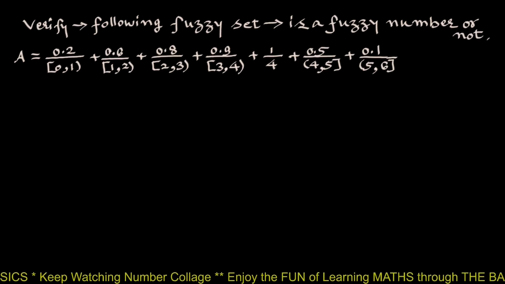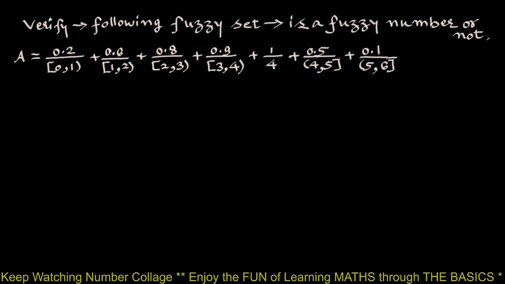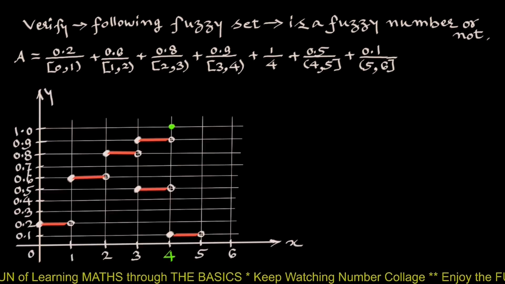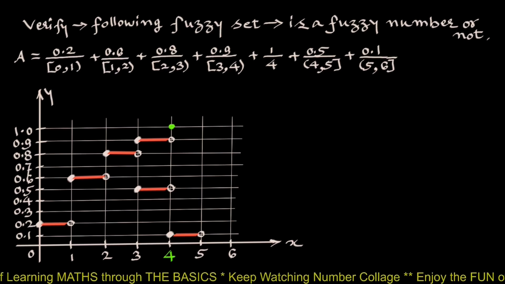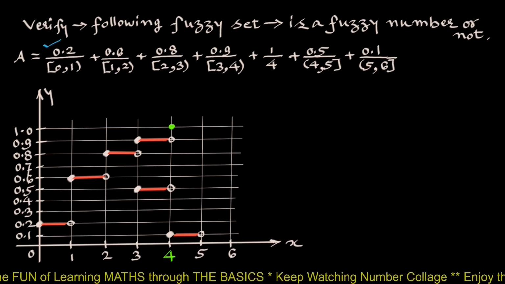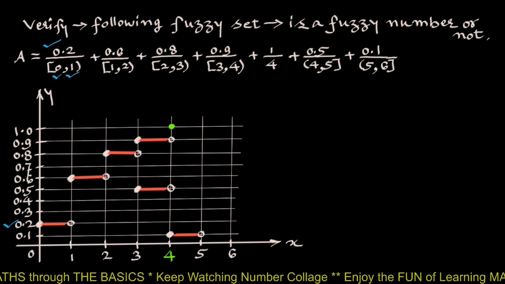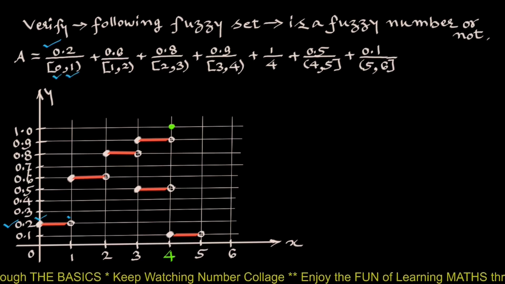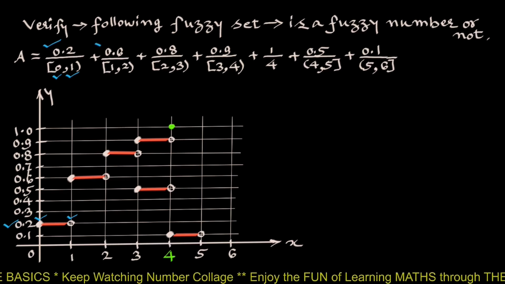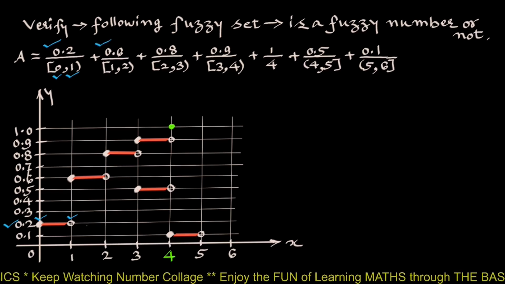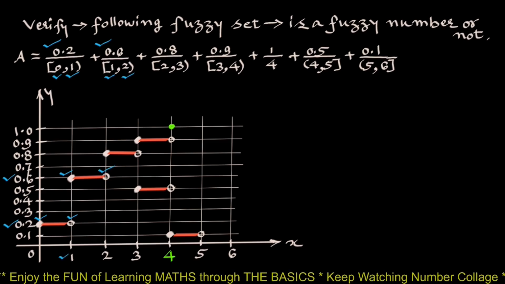The graph of this fuzzy set would look like this. Let us understand how we have plotted this graph. Grade of membership 0.2 has domain closed 0 open 1. Grade of membership 0.6 has domain closed 1 open 2.